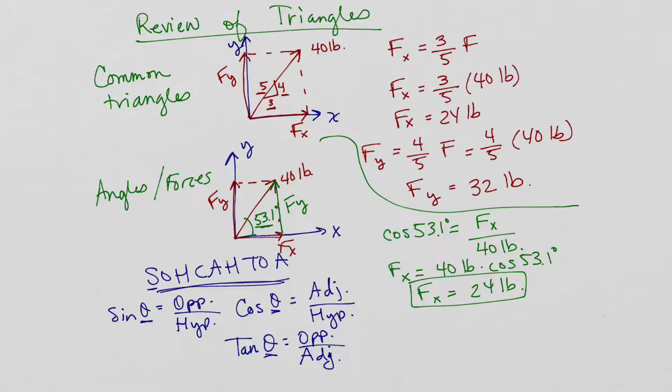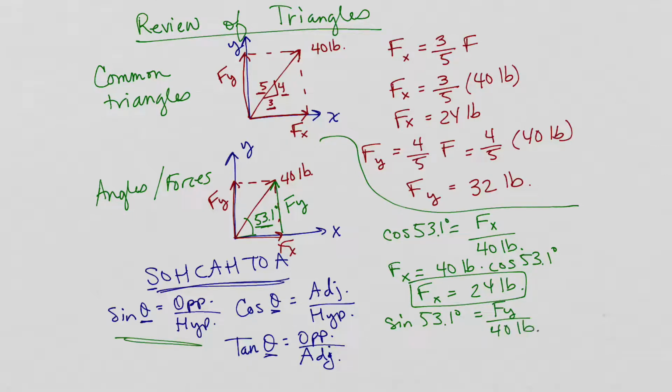And then for F of y, we'll do the same thing for sine. So the sine of that angle. Sine is opposite over hypotenuse, and opposite would be that F of y. That equals Fy over the hypotenuse, which is the 40 pounds.